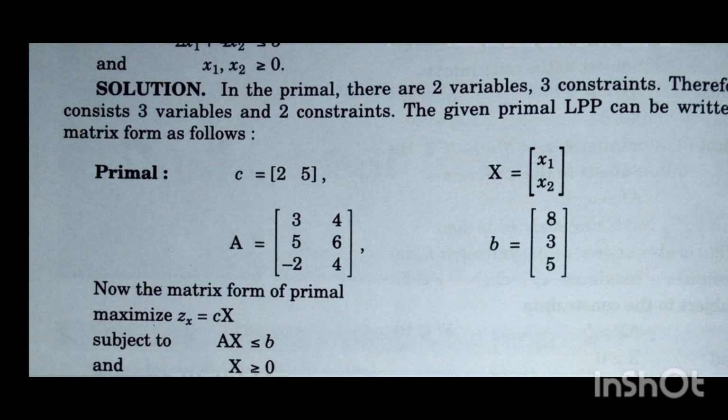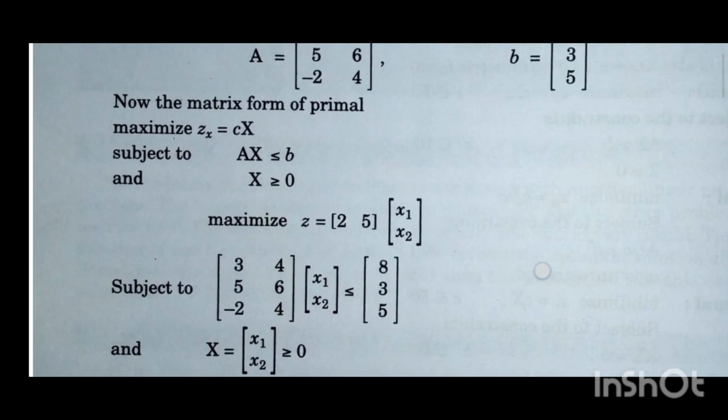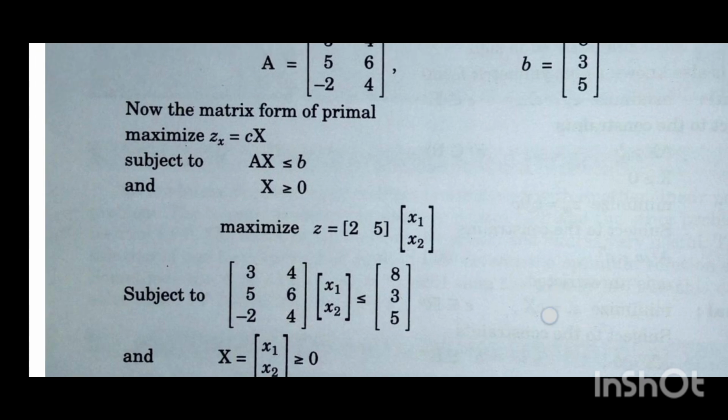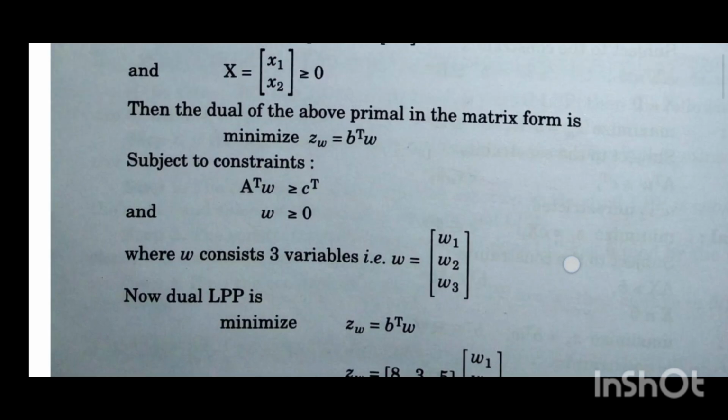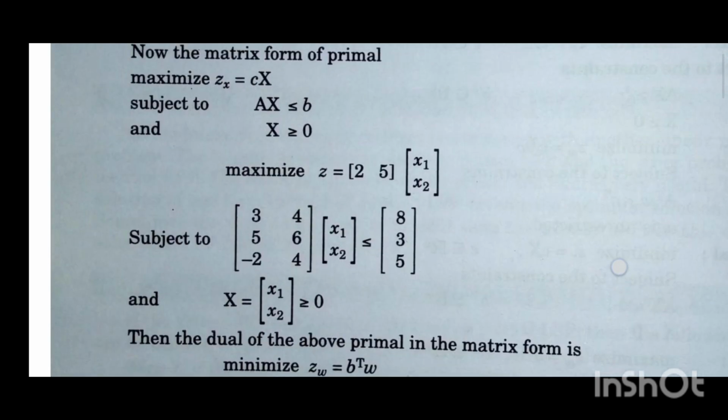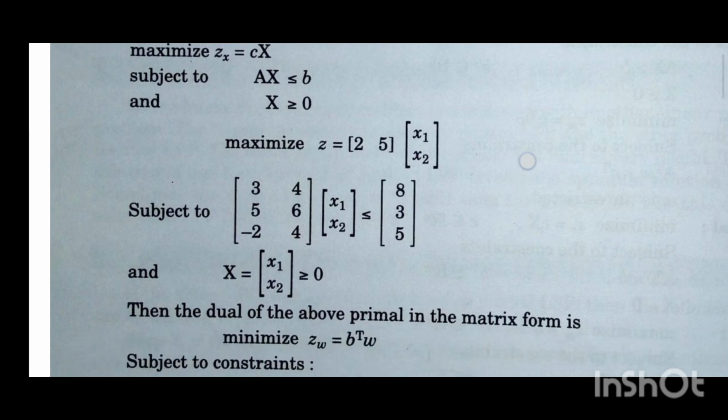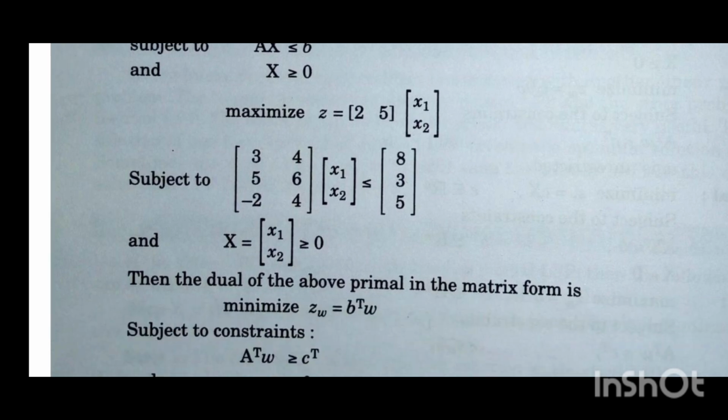Just we are trying to convert the given primal LPP into the duality or dual. So here are the steps we can see, and we are writing the dual of the above primal matrix form.